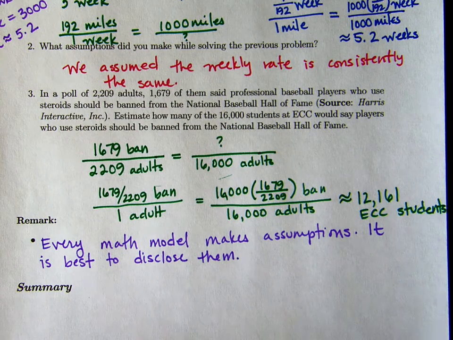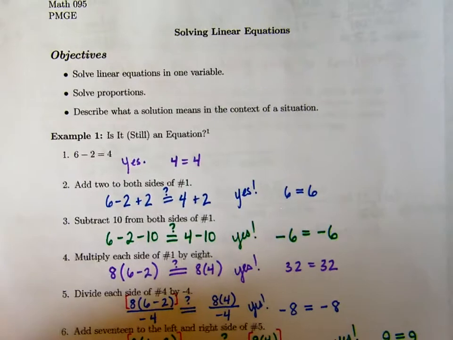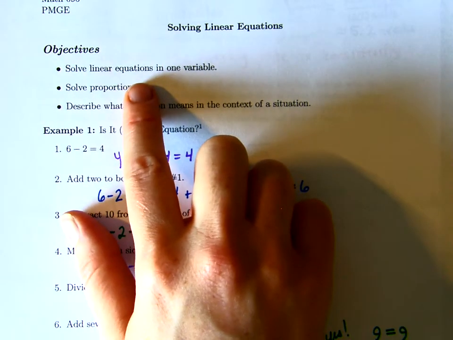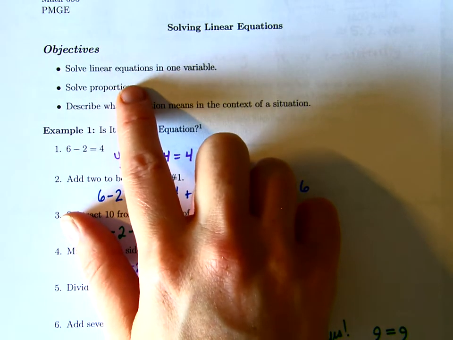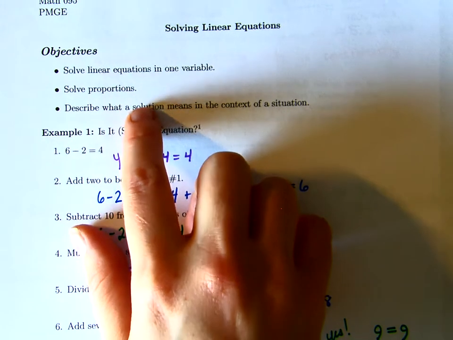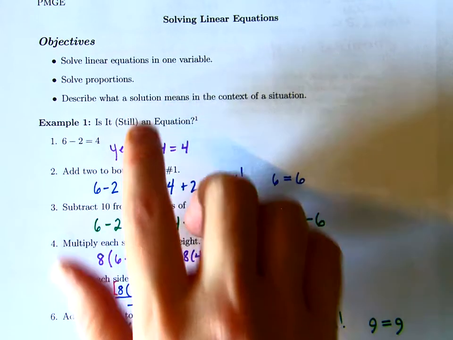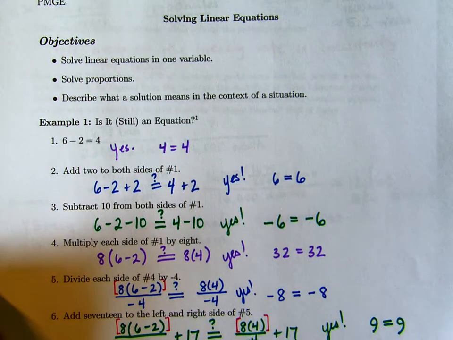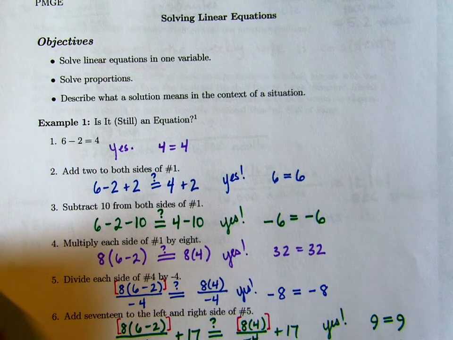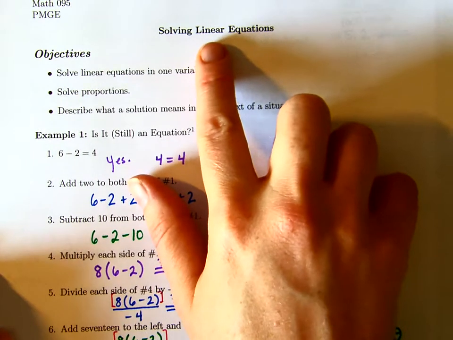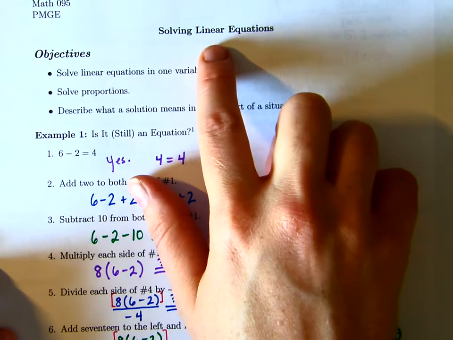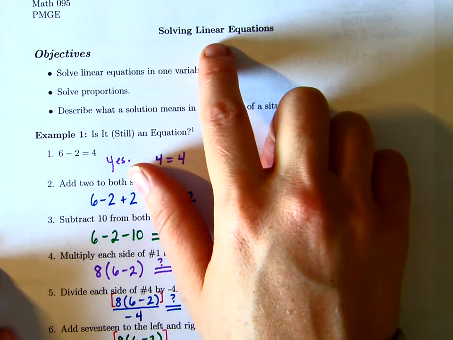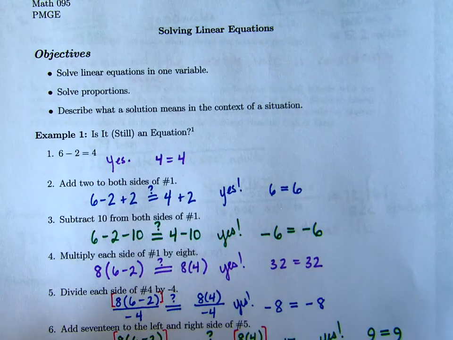All right, so just to make a brief summary here, right? In section 3.3, you solved linear equations. We also solved some proportions, and we described what these solutions mean in the context. While we were at it, we went ahead and remembered that if we are going to look at linear equations and solving them, then don't forget that these are lines and that we know some properties about lines.